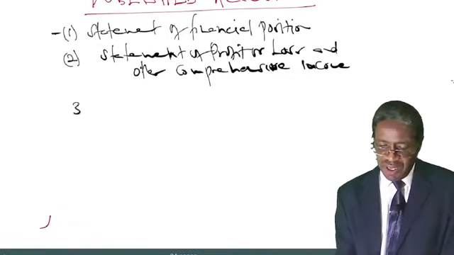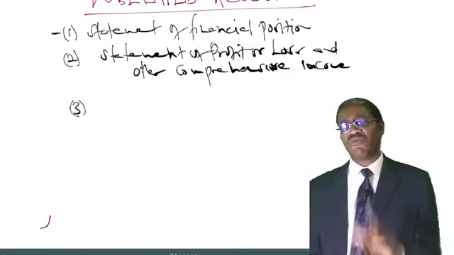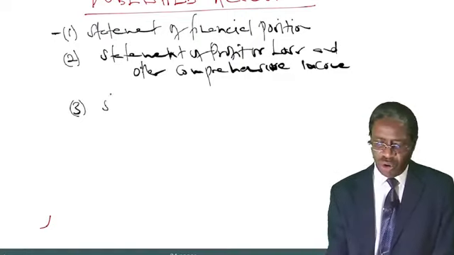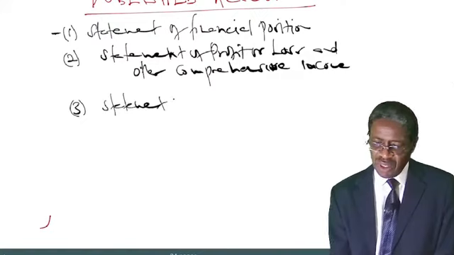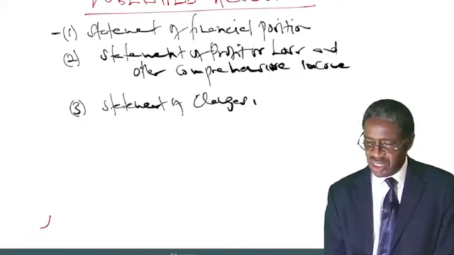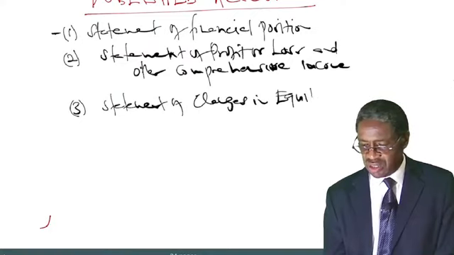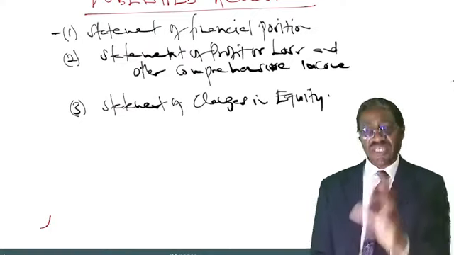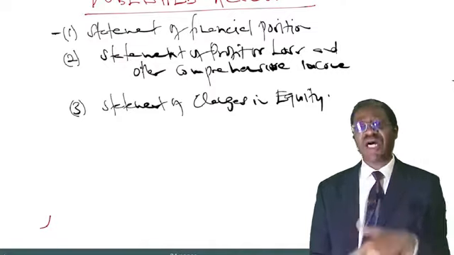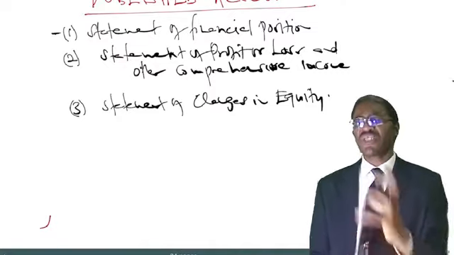Number three, another component of a complete set of financial statements is what we call a statement of changes in equity. We shall look at that later. How does it appear and how do you prepare it and what it is?